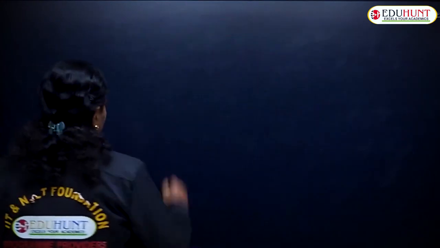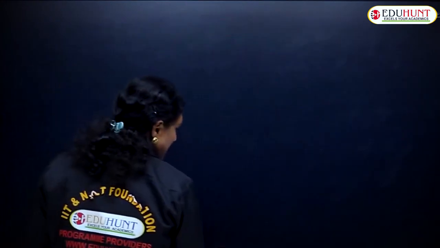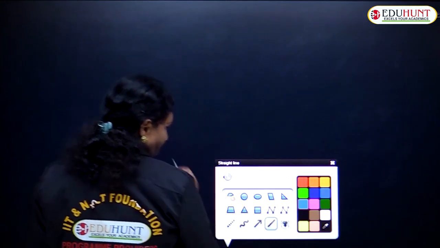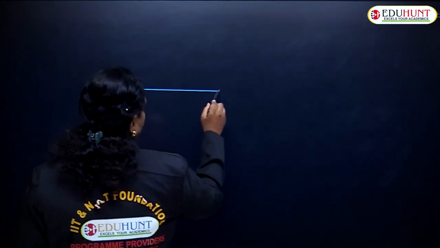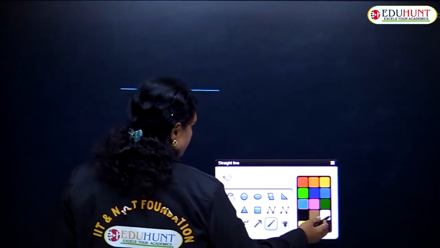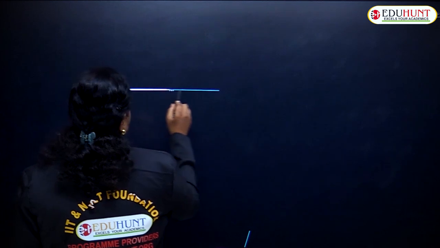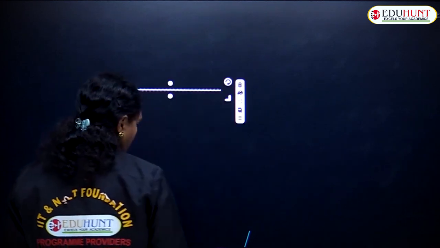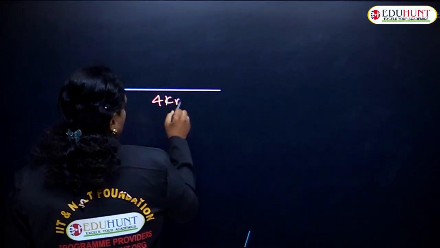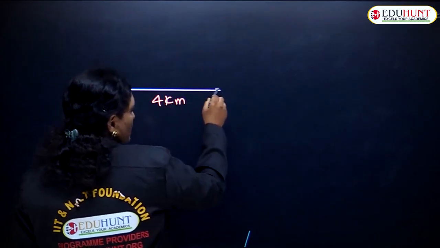Here we go. Let us suppose that a person has covered a distance of 4 kilometers towards east in this direction.